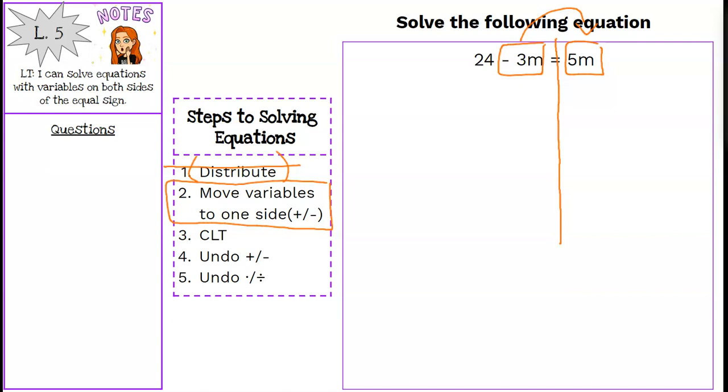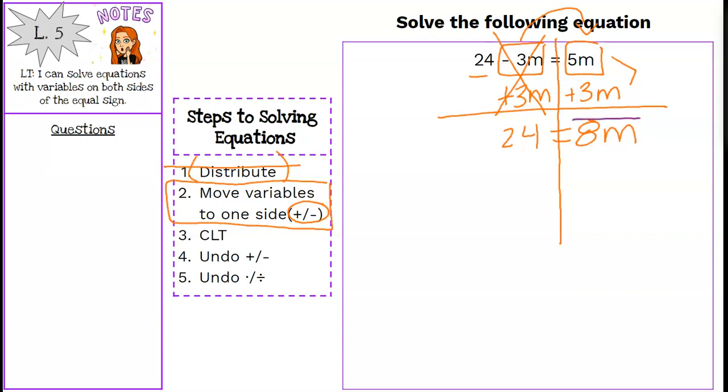To do that, I have to undo the minus with a plus. I'm going to add 3m to the left and add 3m to the right. That goes away, leaving us with 24 equals 5m plus 3m equals 8m.